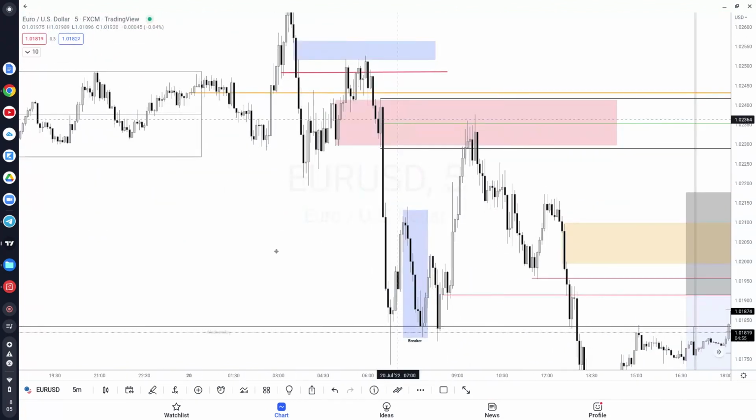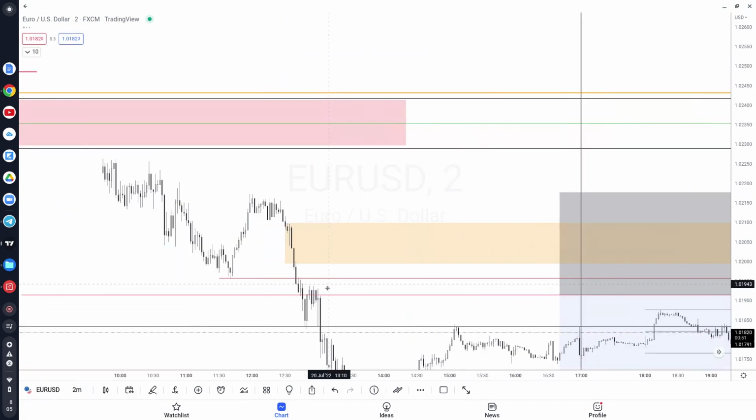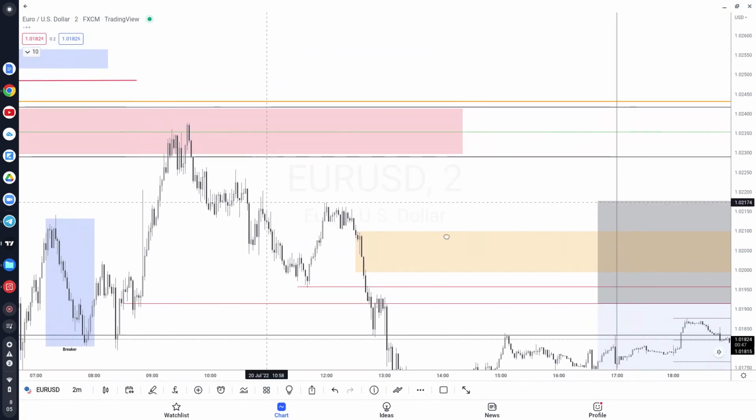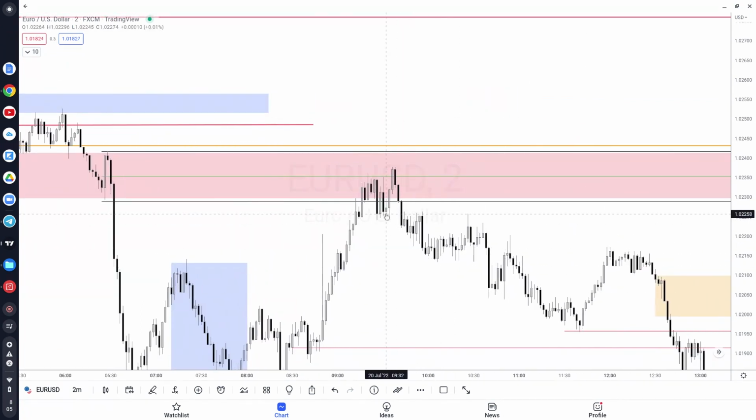Let's look inside of this real quick. All right, here's another beautiful example of what a true order block is. This candle here, or this series of candles, a series of up close candles that precedes a market reversal.